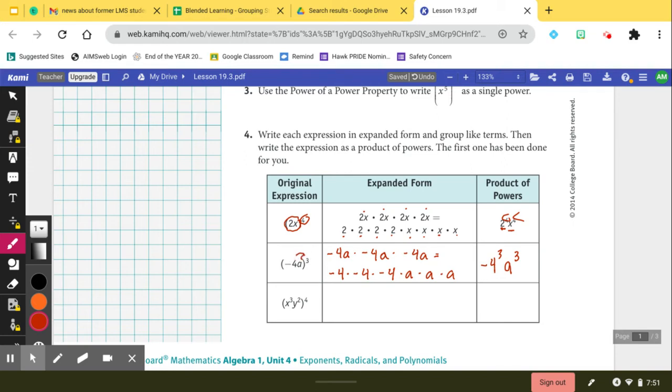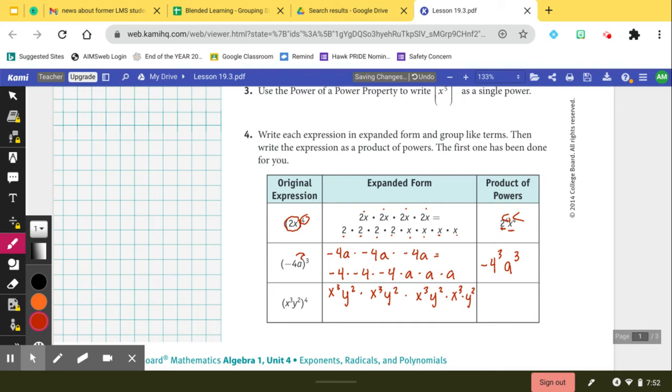Now, this one becomes a little bit different because those bases have exponents that we can see. The other ones just had one. So we have x to the third times y to the second being raised to the fourth. So this is x to the third times y to the second times x to the third times y to the second times x to the third times y to the second times x to the third times y to the second.